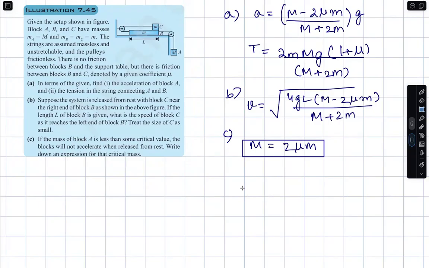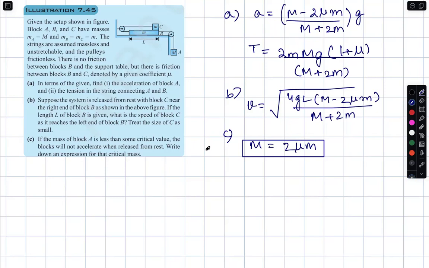Given the setup shown in the figure, here is the block A. Block A, block B, block C. Now you have three arrangements. There is no friction between B and the ground.